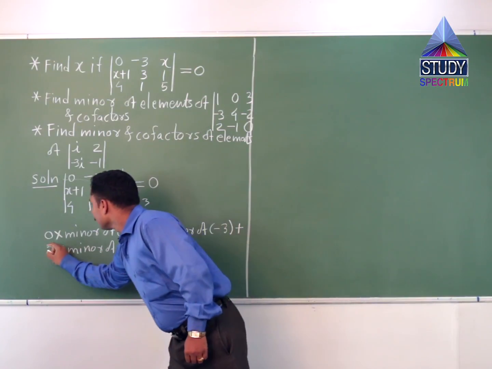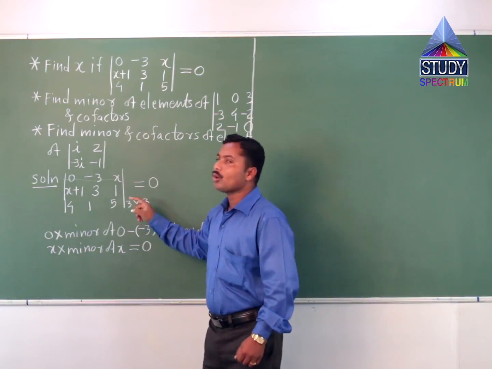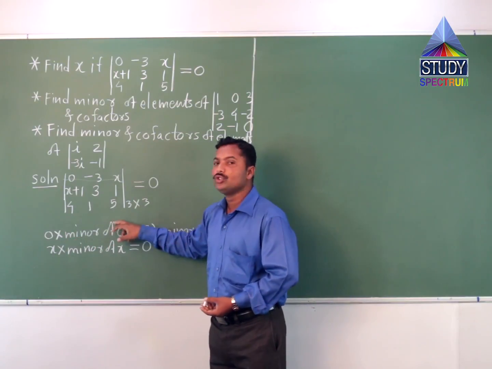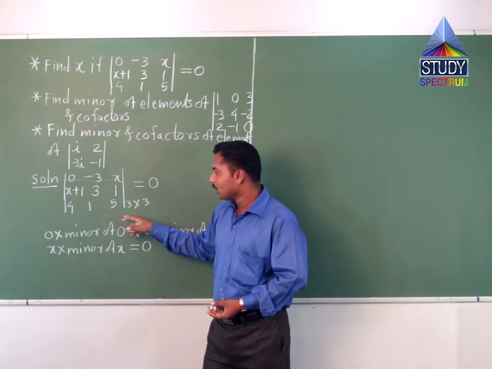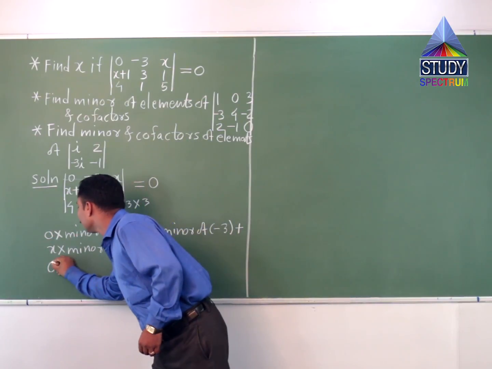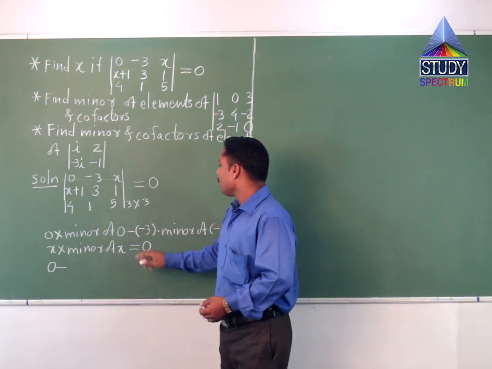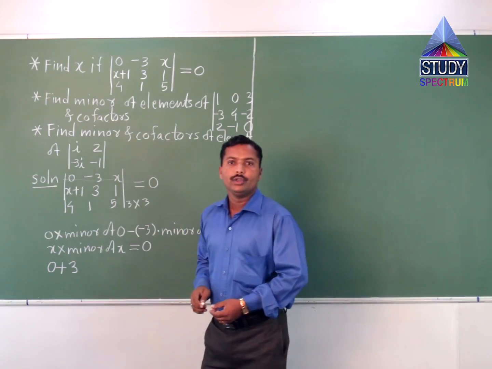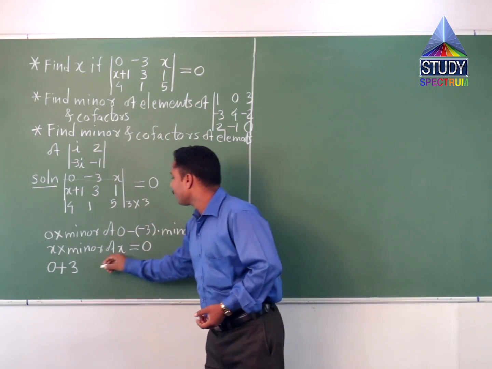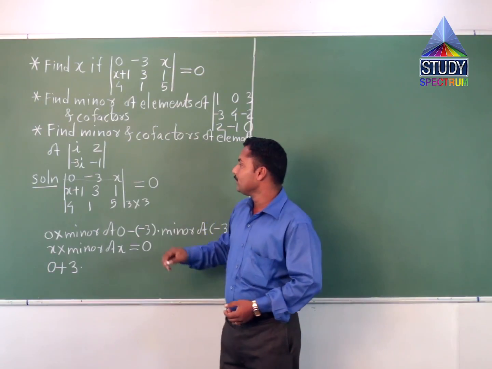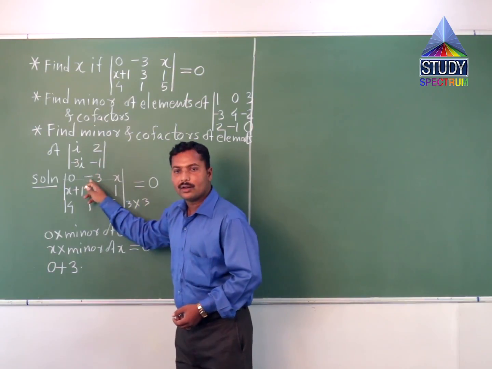So 0 into the minor of 0 is automatically 0, because the minor of this 0 is any number, suppose, and 0 into any number is always 0. So 0 minus, plus 3 into the minor of this minus 3, the second number.